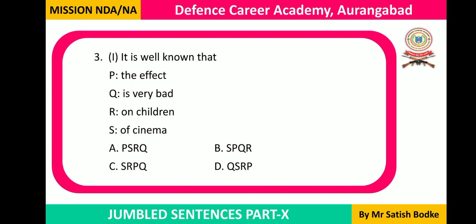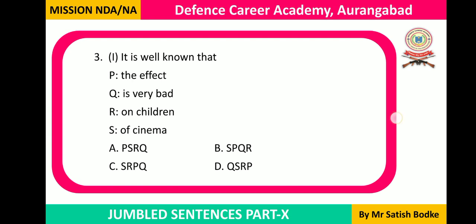So "the effect of cinema" is a noun phrase which constitutes the subject, "is" is the verb and "very bad" is the complement. So here the sequence is PSRQ, which is in option A. So our answer is option A.